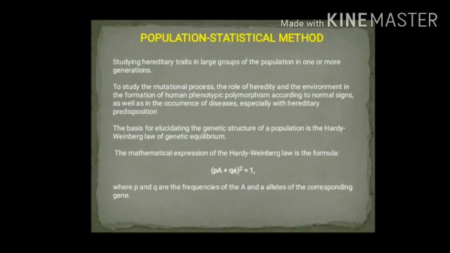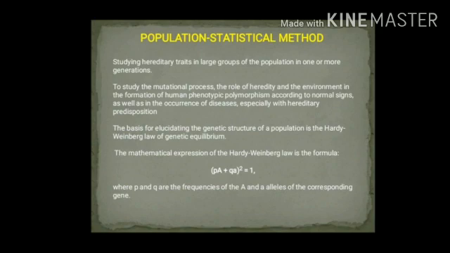The basis for elucidating the genetic structure of a population is the Hardy-Weinberg law of genetic equilibrium, which reflects the pattern according to which, under certain conditions, the ratio of the alleles of genes and genotypes in the gene pool of a population remains unchanged in a number of generations.